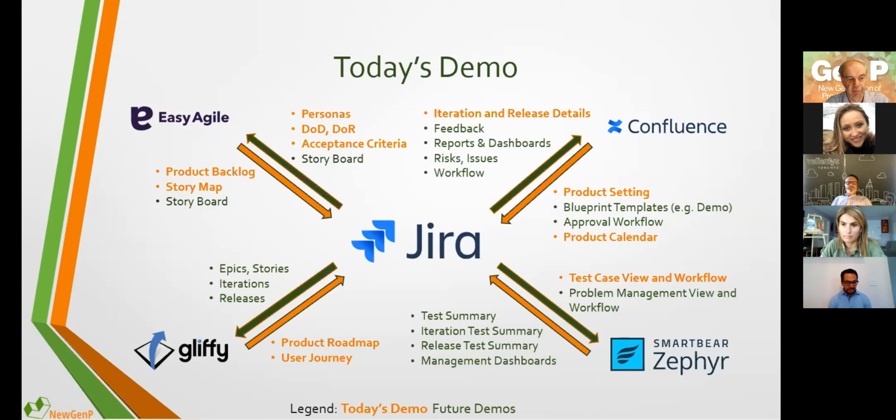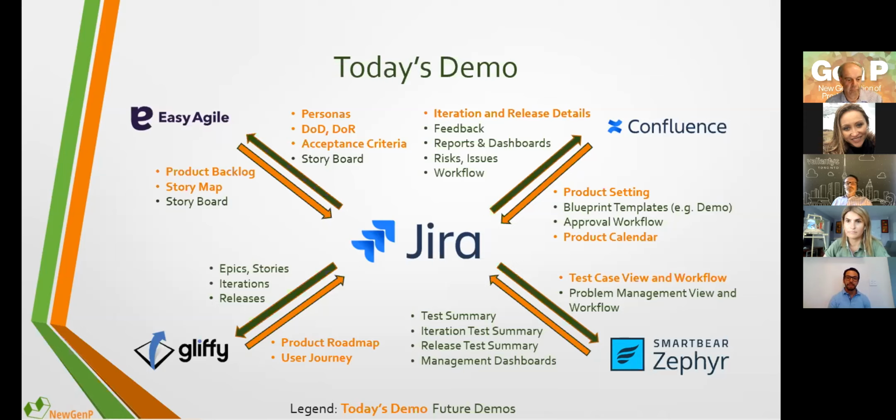And then Gliffy will help you create nice wiki pages in Confluence with a macro that is close to Visio. If you remember MS Office, Visio helps you create process flows and other types of diagrams. So Gliffy will help you with that in Confluence.